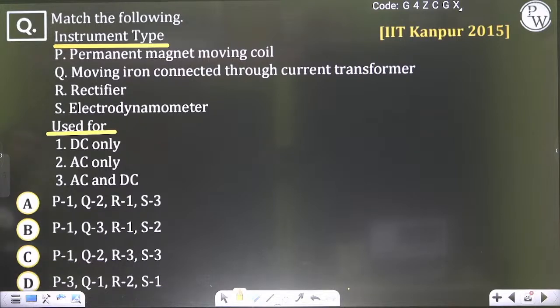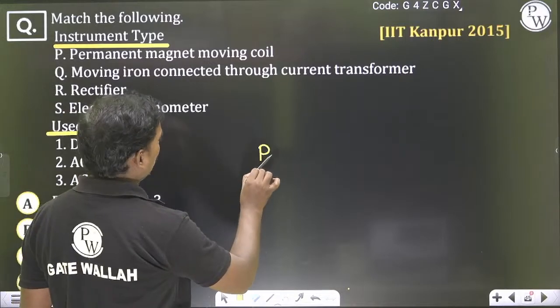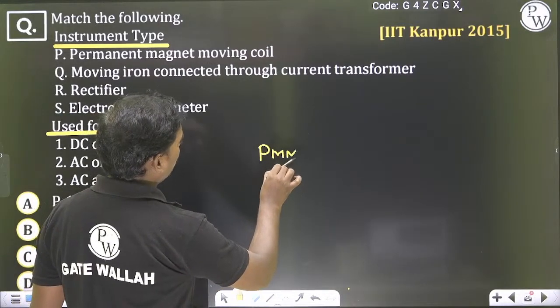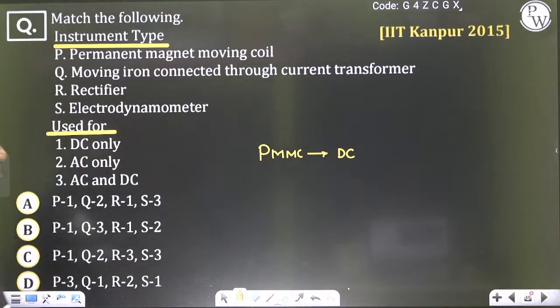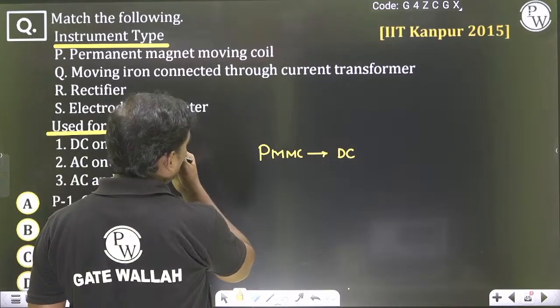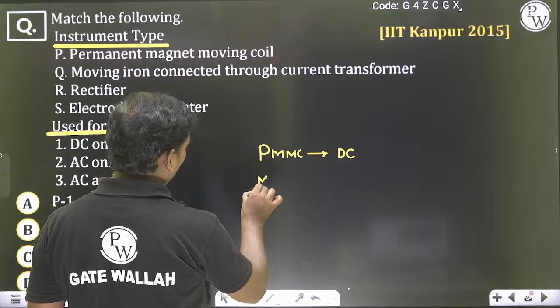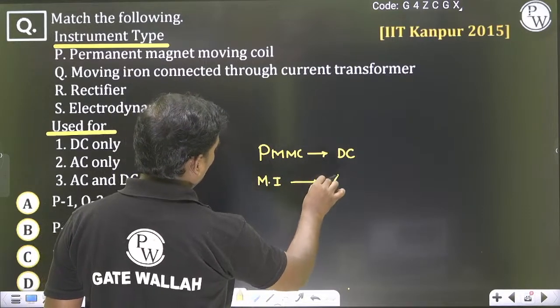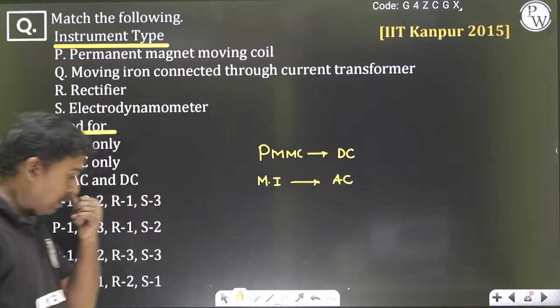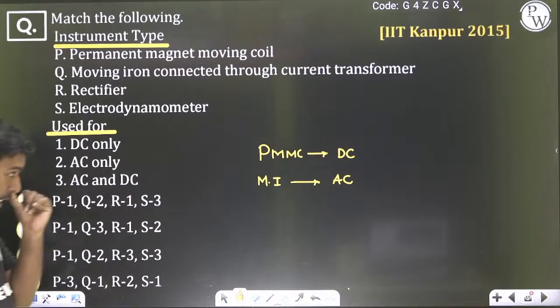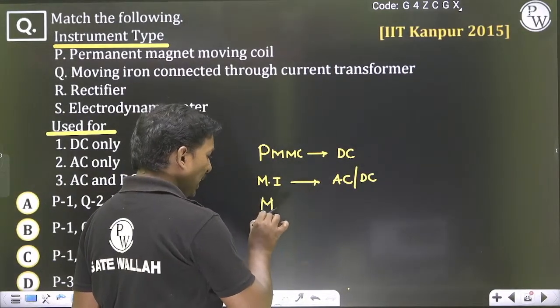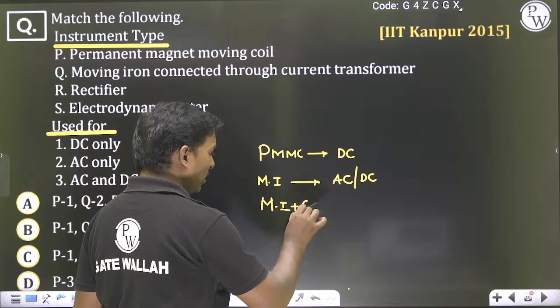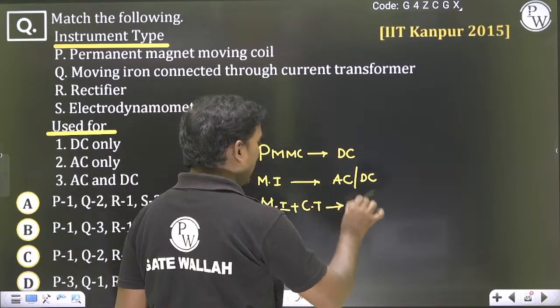So how to solve this? PMMC is only suitable for DC only. Next, moving iron connected through current transformer. That is only for AC. Moving iron by itself could be AC or DC, but with a current transformer he has mentioned, it should compulsorily be AC only.